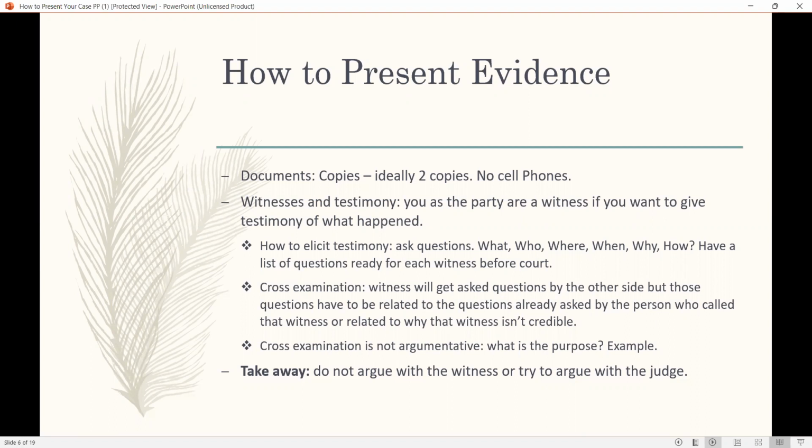Another way to elicit testimony is through cross-examination, which I referred to earlier. It is when the plaintiff or plaintiff's witness gives testimony, or even the other way around, the defendant or the defendant's witness gives testimony. The other side will always be given the opportunity to ask cross-examination questions, so long as those questions are related to whatever that party just testified to.